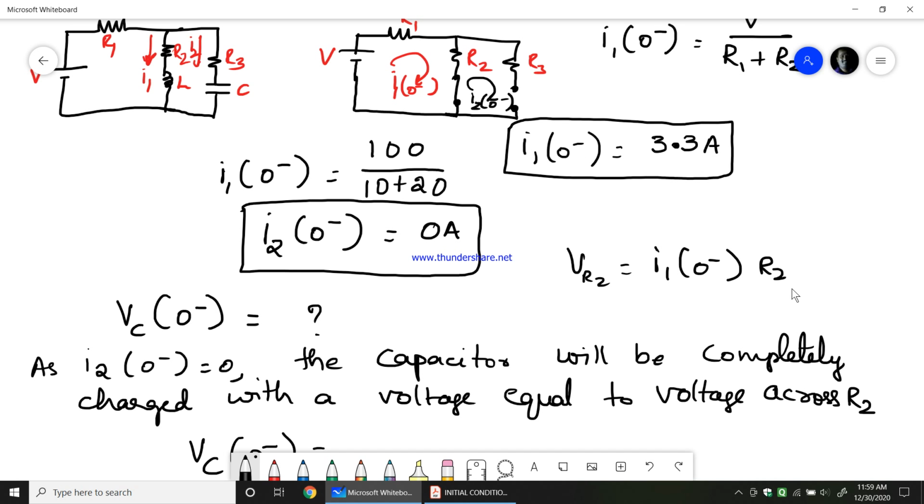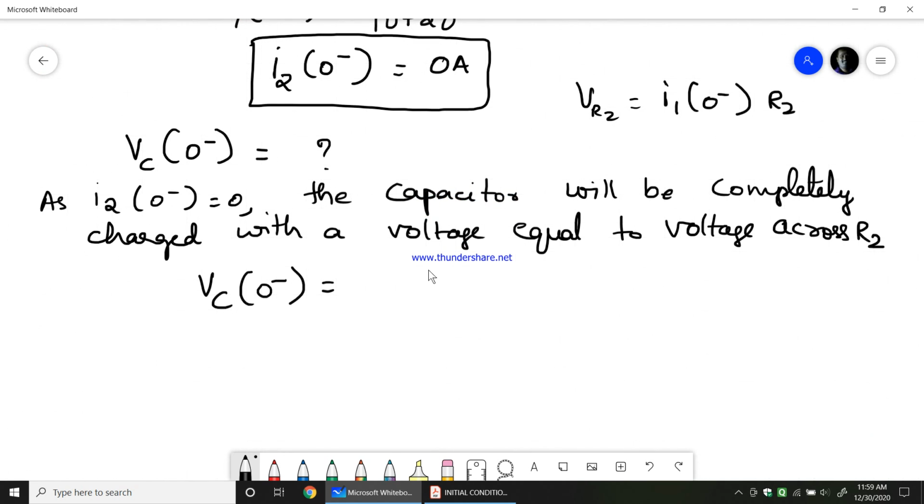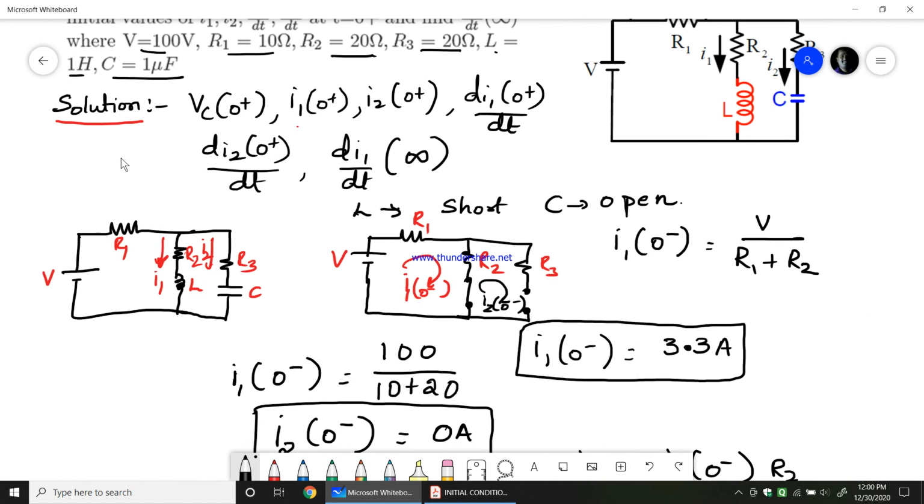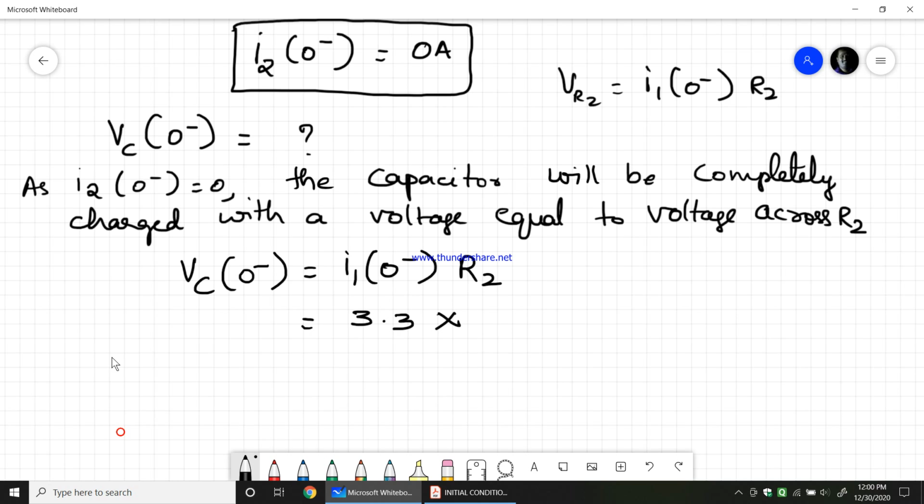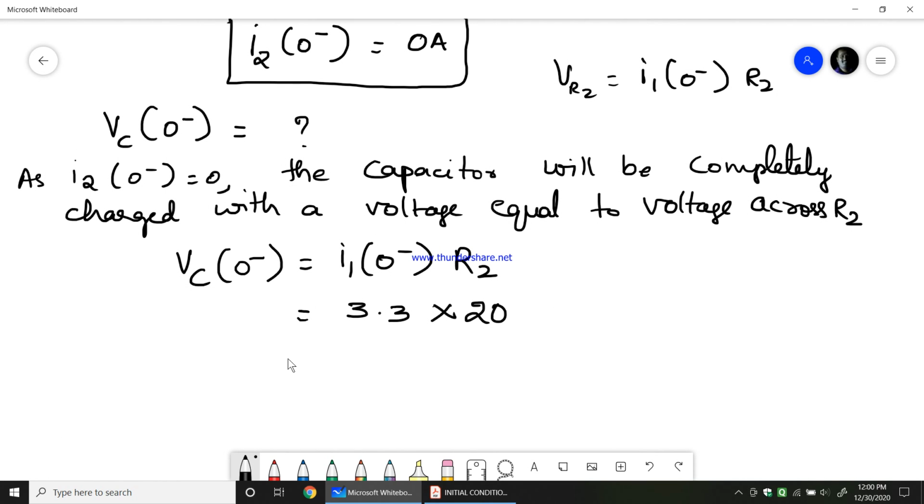Therefore, I1 of 0 minus into R2 would be the voltage across R2, which is equal to 3.33 multiplied by R2, which is 20. 3.33 multiplied by 20 will give me 66.6 volts, which is VC of 0 minus.